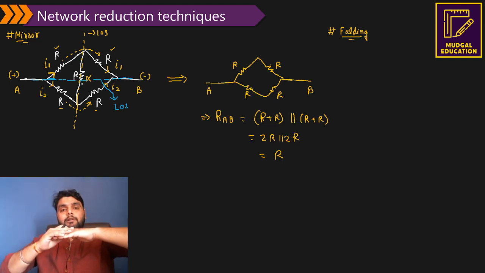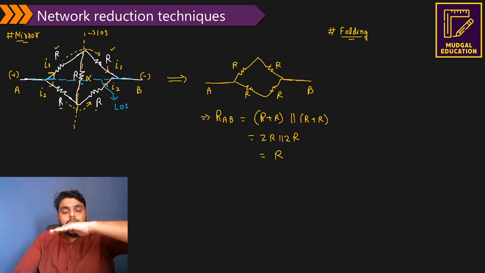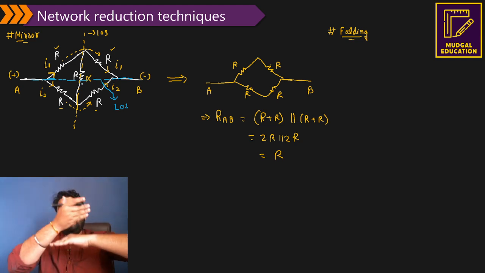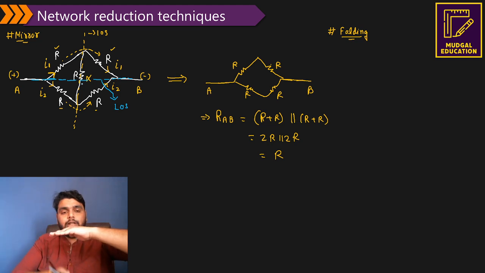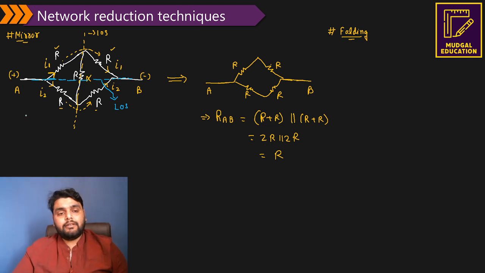Now, in a folding symmetry, what will happen? You have to fold the below part over the top part. To understand this, if I fold this above here, this resistor will come above this resistor.